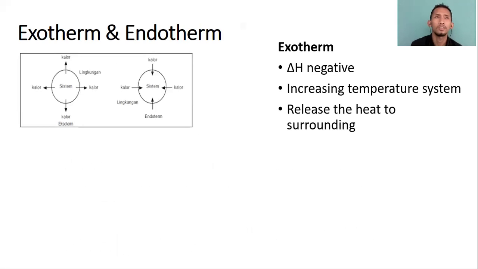Exotherm is a reaction that has these three parts: the delta H is negative, the temperature is increasing, and it releases heat to the surrounding. If you see from this picture, the heat from exotherm is transferred out to lingkungan.